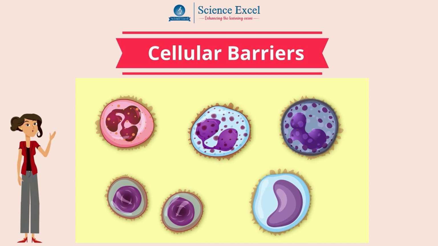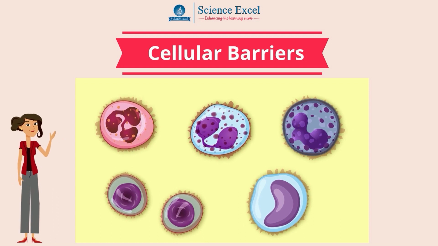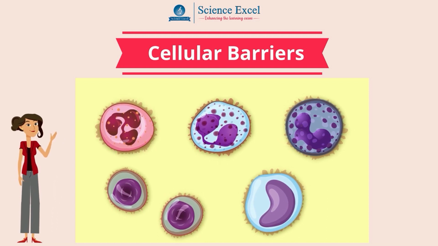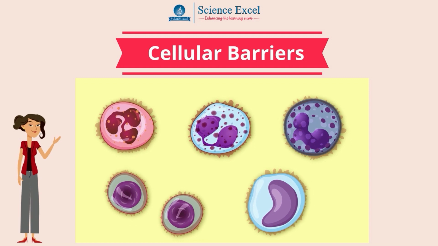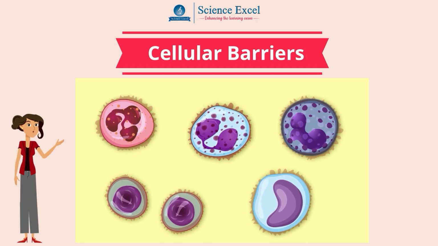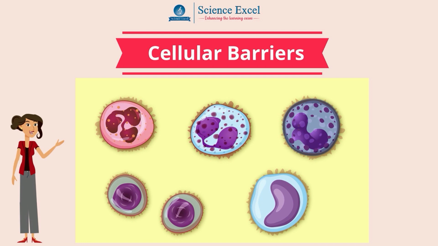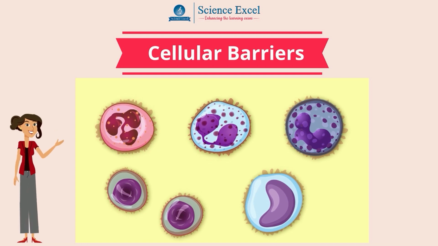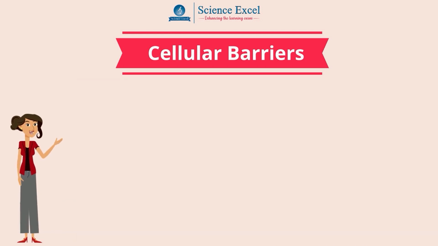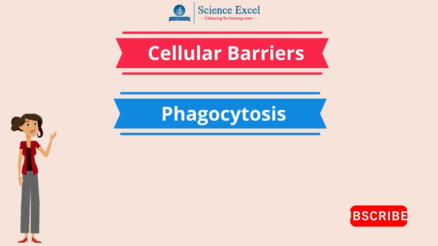These white blood cells circulate in the blood and act like independent single-celled organisms searching out and destroying pathogens. One type of white blood cell called the phagocytes help to eliminate the pathogens by a process called phagocytosis.